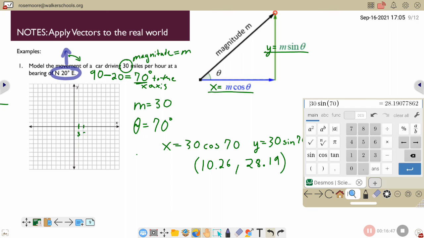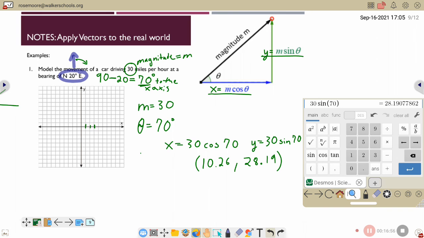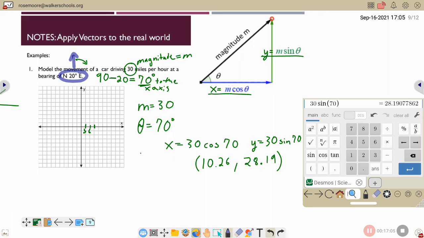So that's 3, 6, 9, 12, 15, 18, 21, 24, 27. That makes the end 30. I'm sure that's very legible. All right, so going by 3. 3, 6, 9, 12, 15, 18, 21, 24, 27, 30.